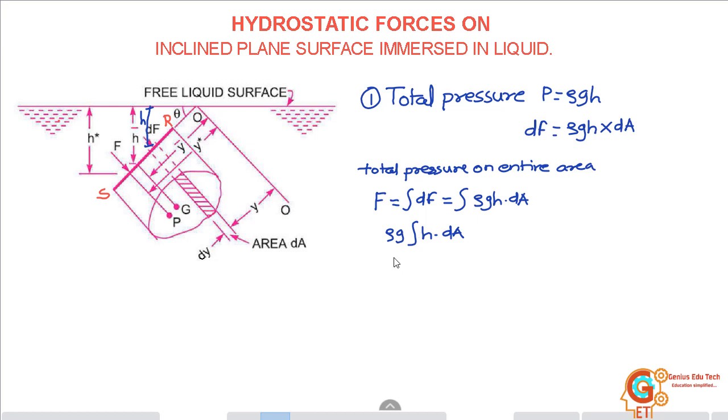So after integration rho g as it is, h becomes h bar, that is distance of Cg from the free surface of liquid, and dA over the entire area will become A. So finally we get F is equal to rho g A h bar. We'll make this as equation 1.